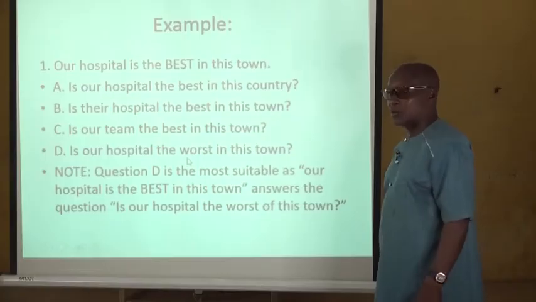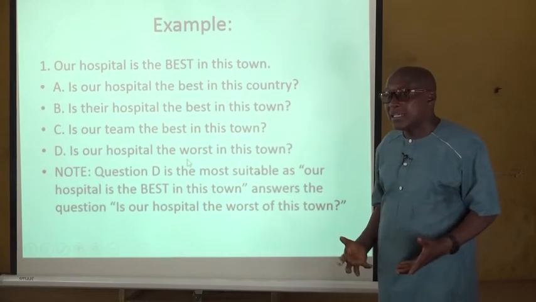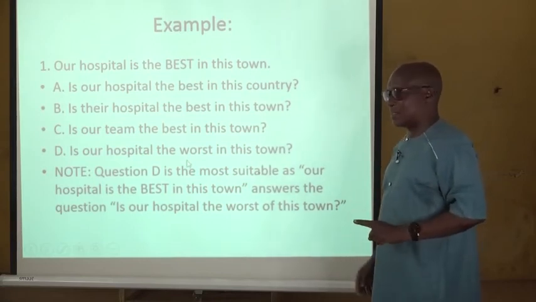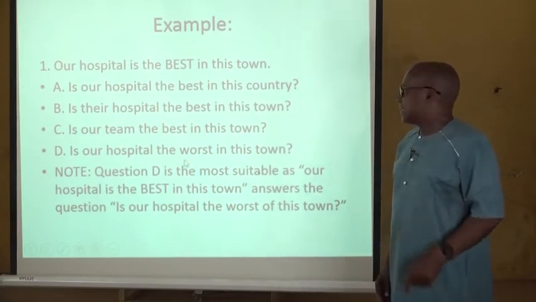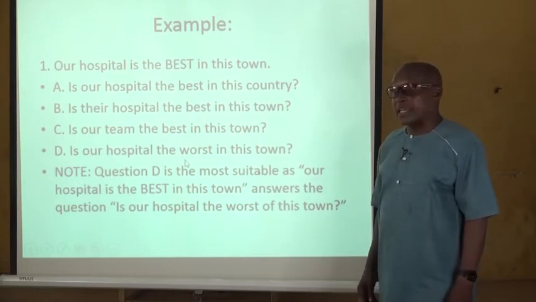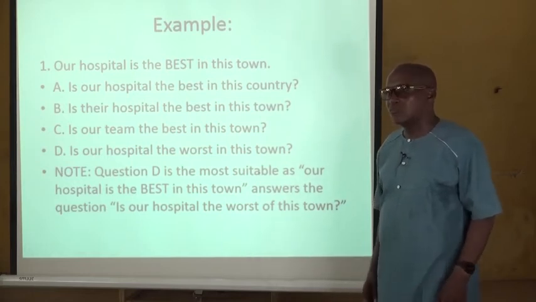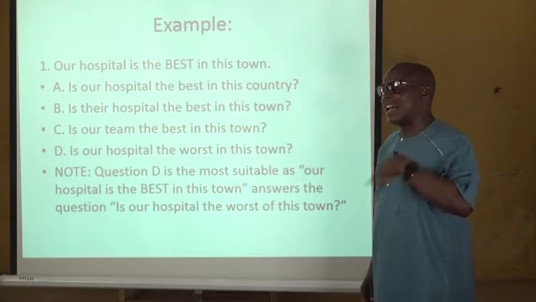Is their hospital the best in this town? Is our team the best in this town? Is our hospital the worst in the town? So invariably, our answer to best could be, is our hospital the worst in the town? You say no, it is not the worst, because the area of emphasis is best. Our hospital is the best in town.